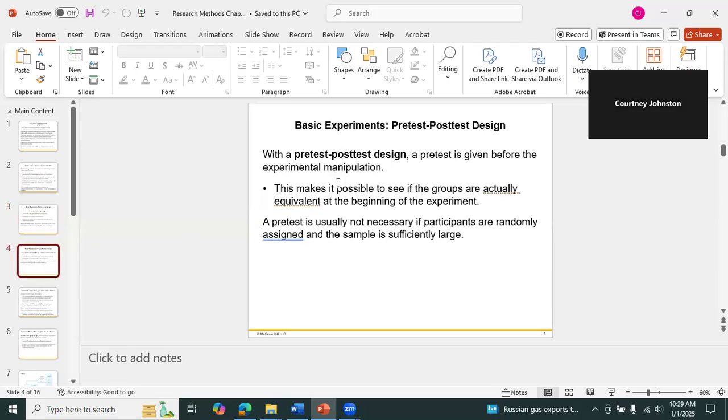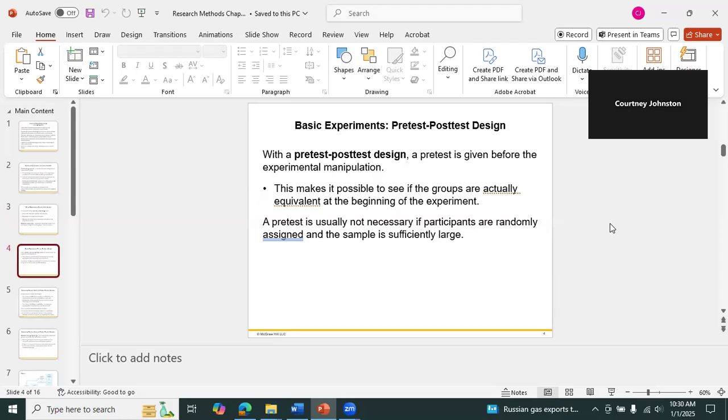On the other hand, there's a pretest and post-test design that researchers can use. And this is where there's a pretest given before the manipulation occurs on that independent variable. So it's going to allow researchers to see if the groups are actually equivalent at the beginning of the experiment, which is not controlled for in a post-test only design.